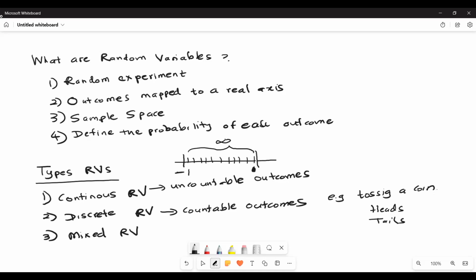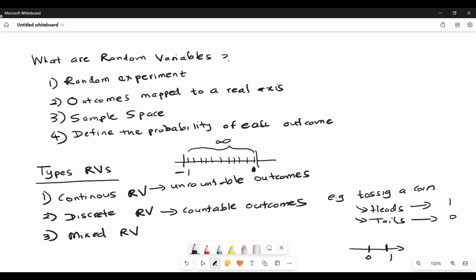We can define having heads as 1 and having tails as 0, let's say. By defining those real values, we can say, for 0 and 1, what is the probability of getting that outcome.